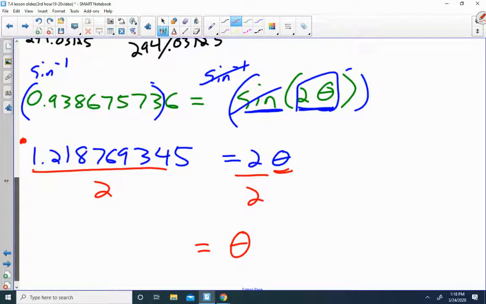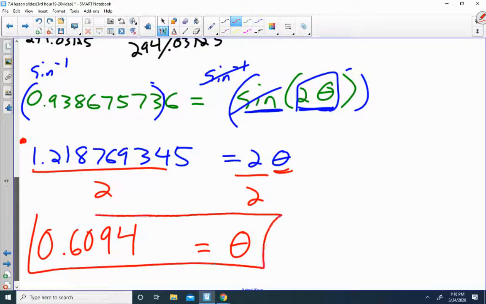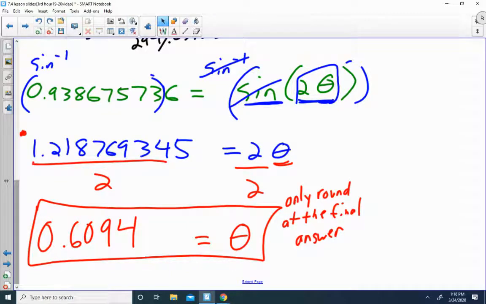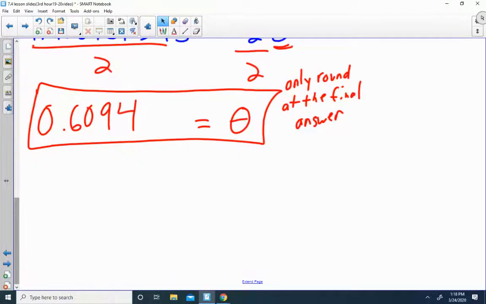And you should get this, 0.6094. Now that we've reached our final answer, now you can round. Only round at the final answer. And that is what your answer would be if you chose to answer in radians.